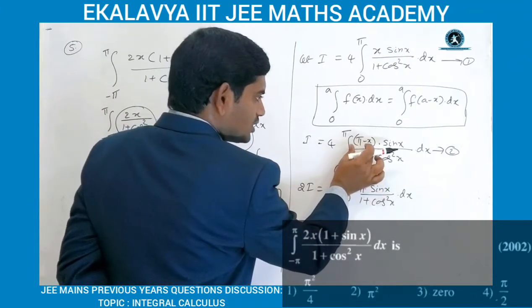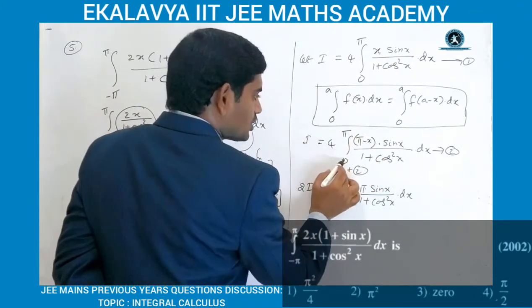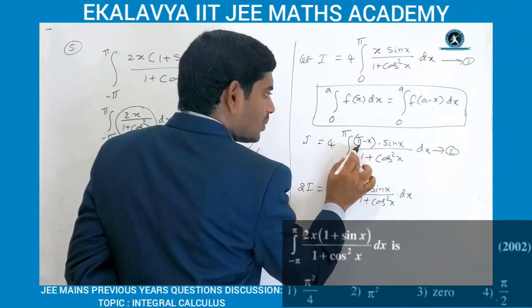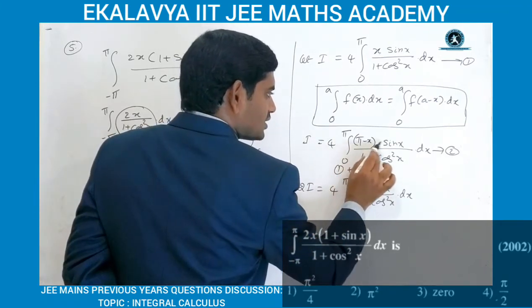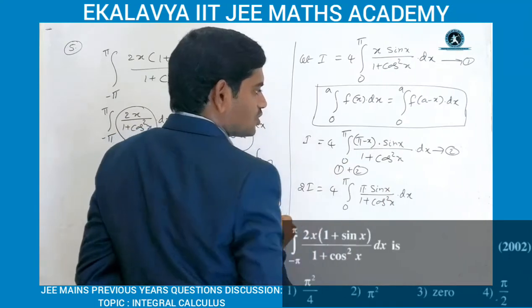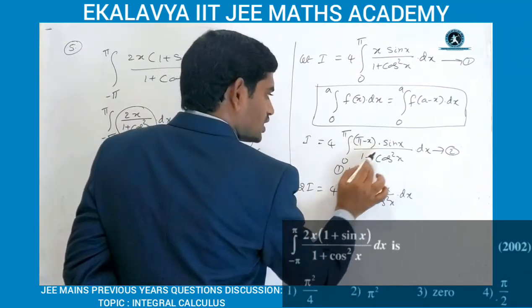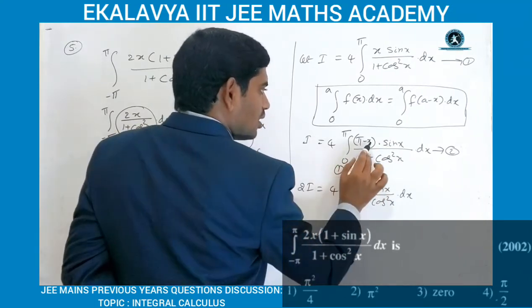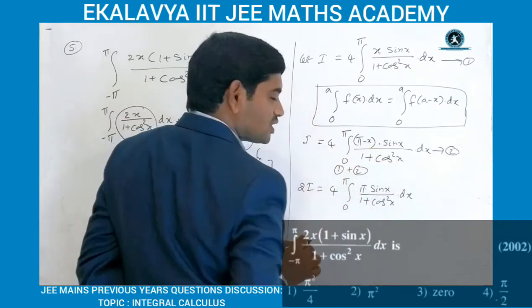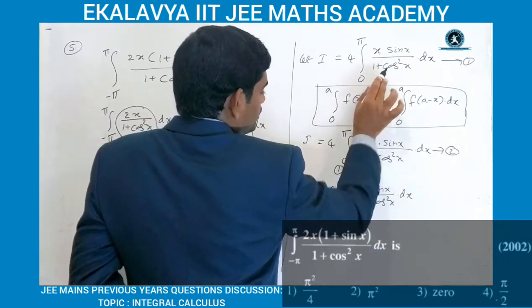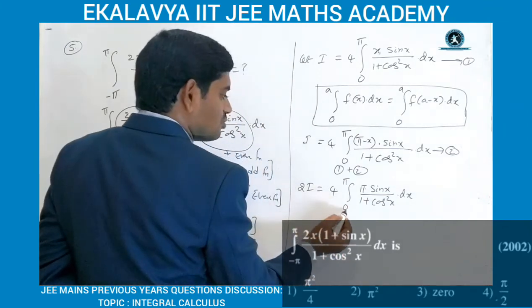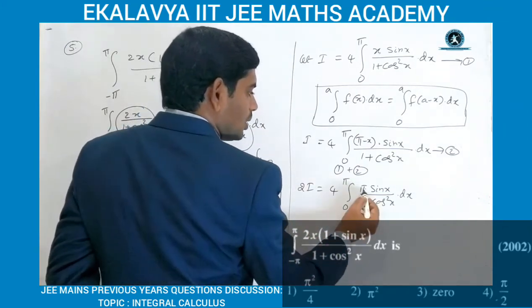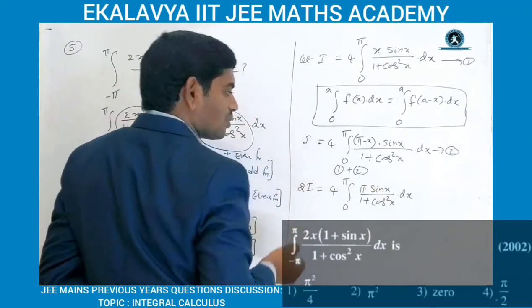Now if we split this integral, 0 to pi, pi into sin x upon 1 plus cos square x minus x into sin x upon 1 plus cos square x. Then the plus term and the negative term get cancelled. Then finally we get 4 times the integration of 0 to pi of sin x upon 1 plus cos square x dx.